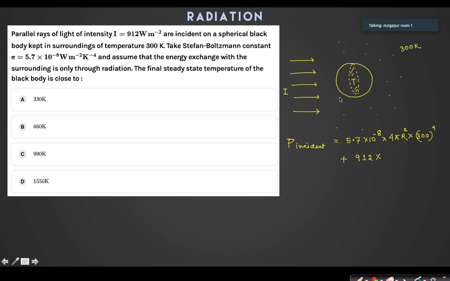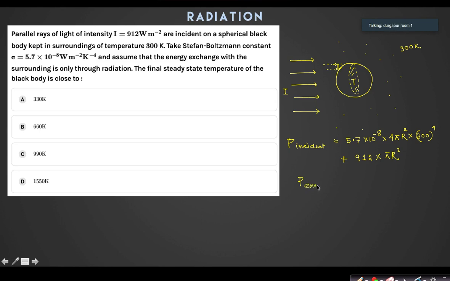This area is not perpendicular to the intensity, so I will take the projection of this part and multiply with this intensity to find the power. Intensity is power divided by area, but that area should be perpendicular to the incident ray. So that is equal to pi r square only, not 4 pi r square. Got it?